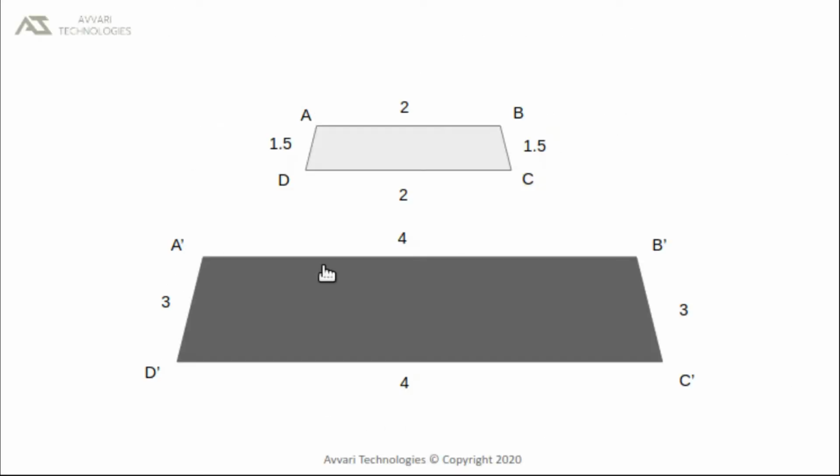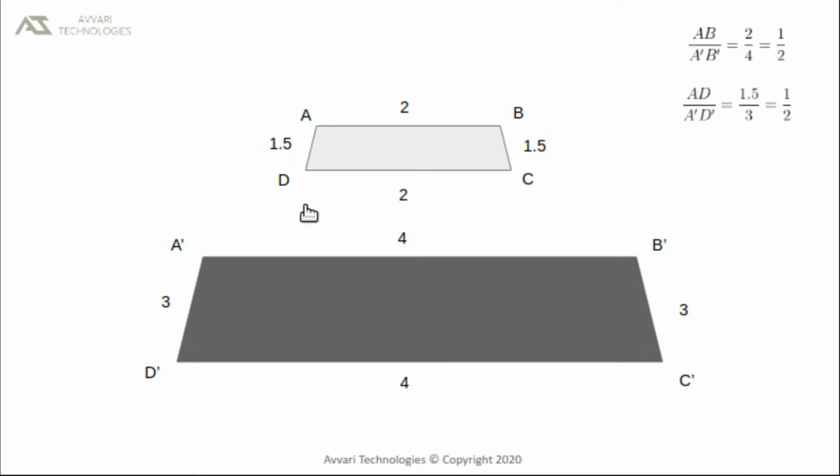We need to prove that the length of AB divided by the length of A dash B dash, that is 2 by 4, is 1 by 2, is equal to the length of AD divided by the length of A dash D dash. The length of AD is 1.5 and the length of A dash D dash is 3. If we simplify this, the ratio or proportion is 1 by 2.